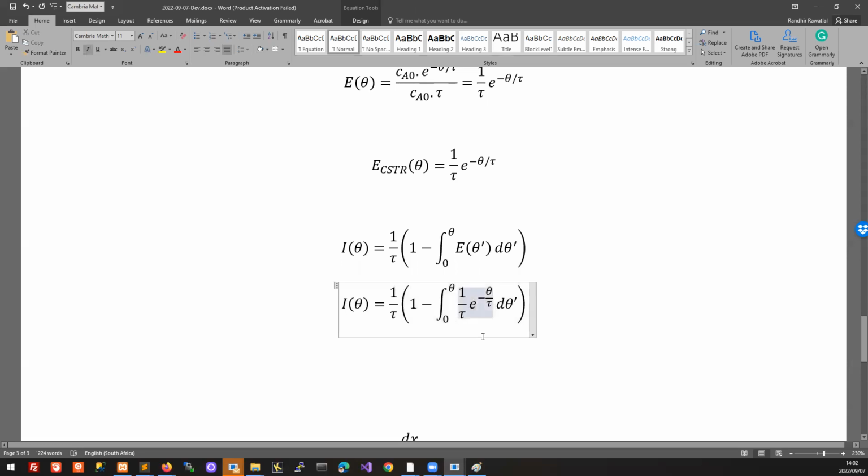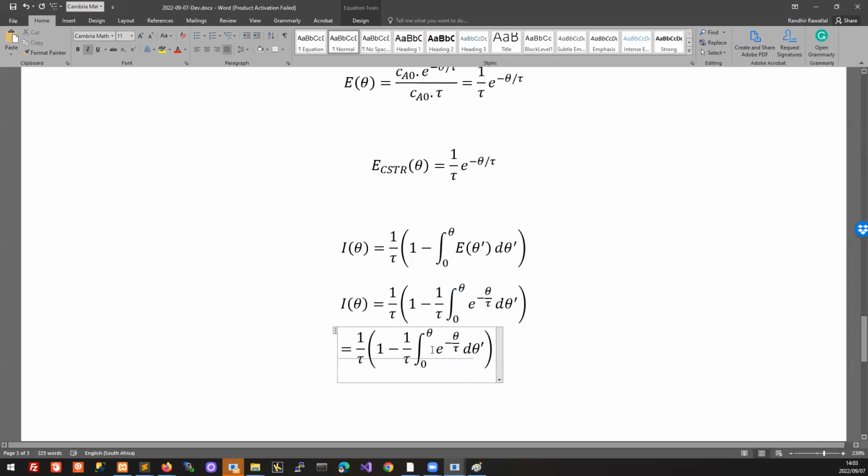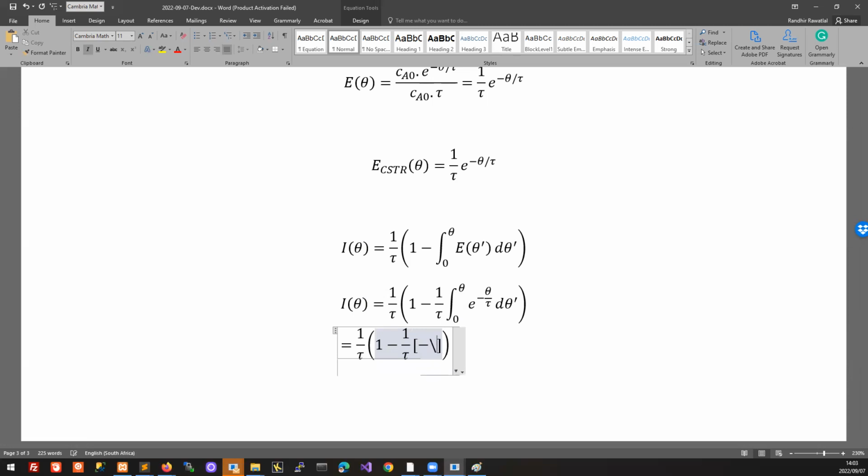We can just regard that as a constant. That's not a function in theta, so that can sit out there. And if we integrate this, again, it's going to be minus tau times all that. So this integral is simply minus tau times this. So all of this becomes minus tau times this.